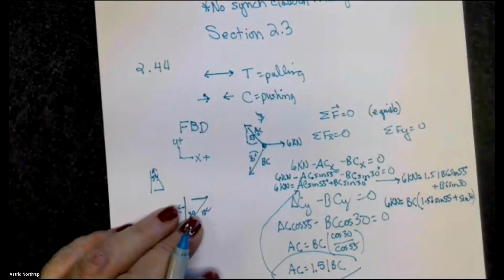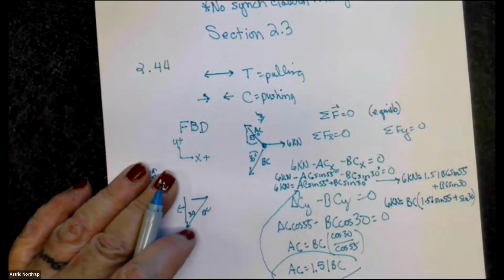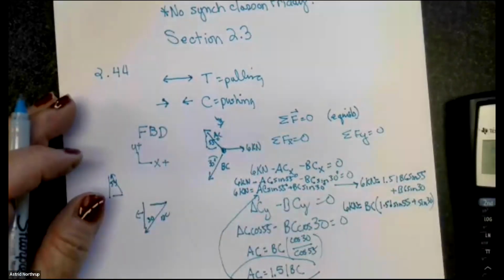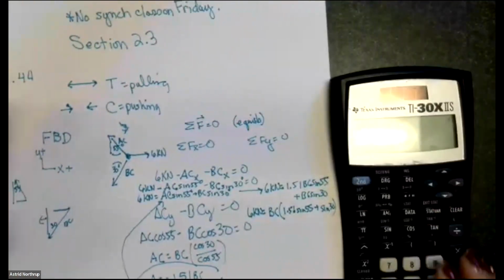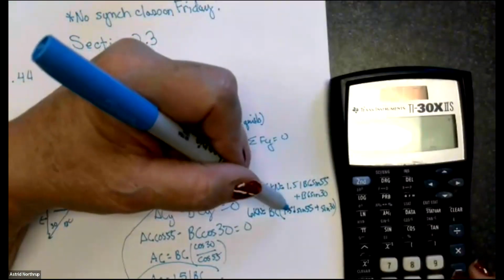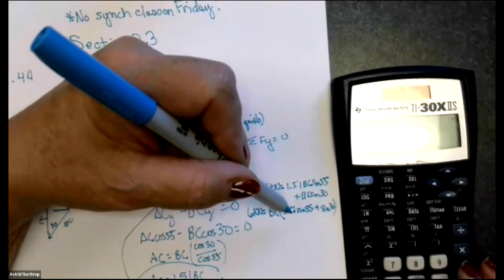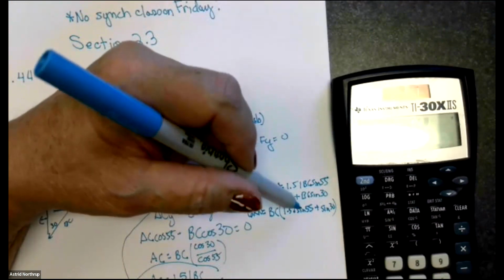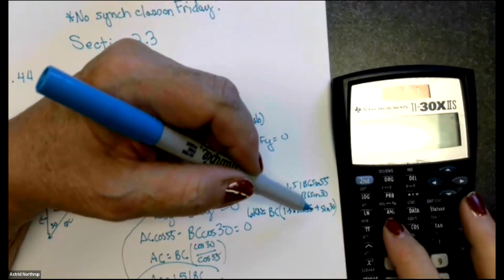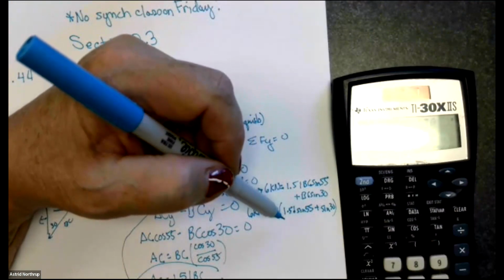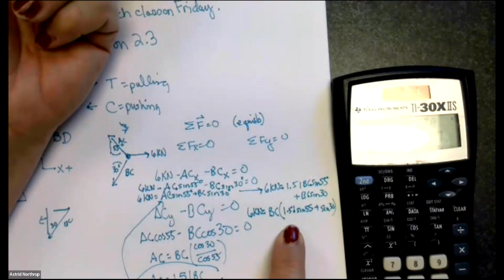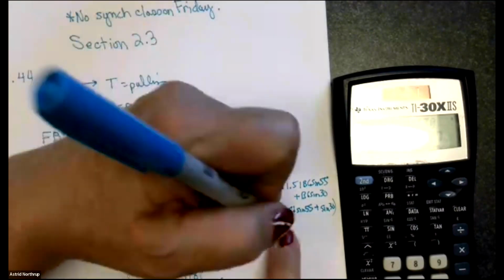So I can find out what the numeric value of that is. If I take the sine of 55 degrees and multiply it by 1.51, and then add to that the sine of 30, I get this parenthetical quantity is equal to 1.737.